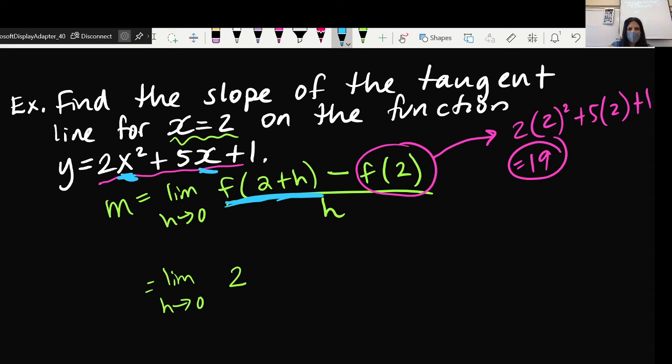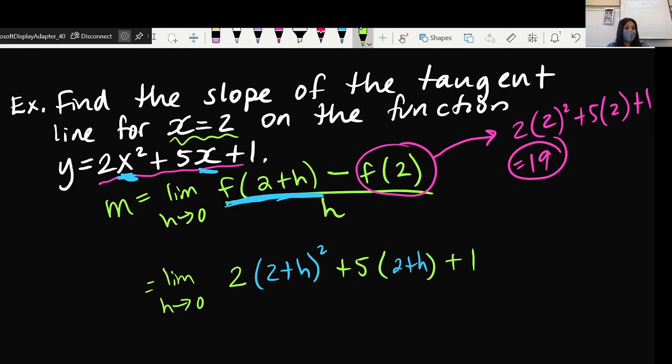So, what's the best way for me to show that? Like this? 2 plus h, like with the blue? Does that work for everybody? And then plus 5, and in brackets, instead of x, I'm going to have 2 plus h. I'm hoping my color coding is working to show you the concept.